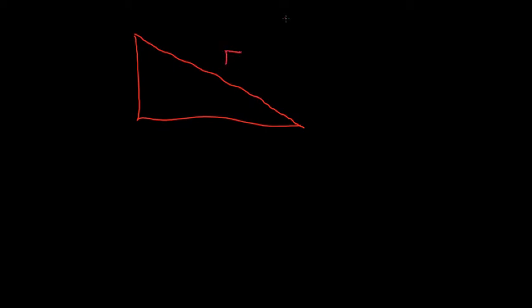If the hypotenuse is length r, and you know this is theta, then we know this must be r sine theta and r cos theta. So here we're sort of projecting the hypotenuse, the different components of it, in terms of sine and cos. And that's a useful thing to be able to do in the mind's eye.